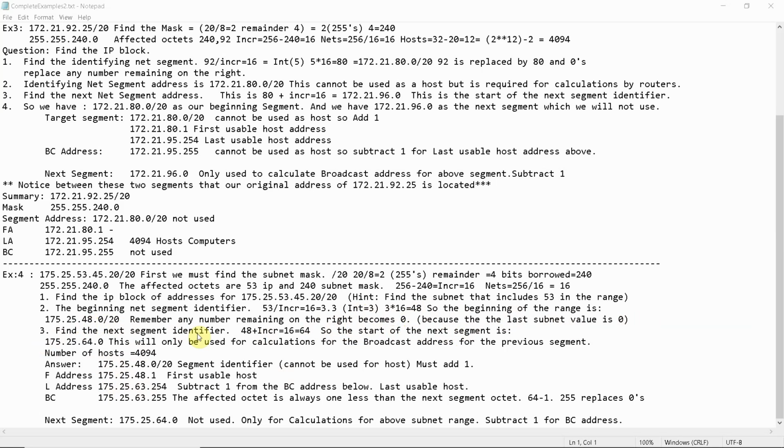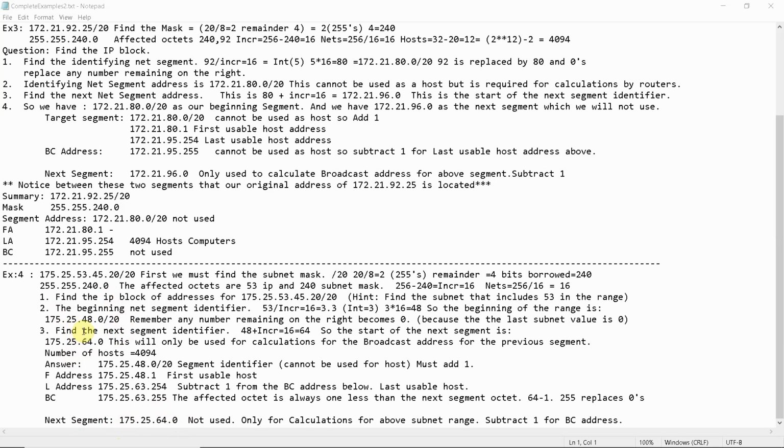Okay, find the next segment identifier. Using the increment, let's find the next segment. It's going to be 175.25.64.0. Can you see why this is?